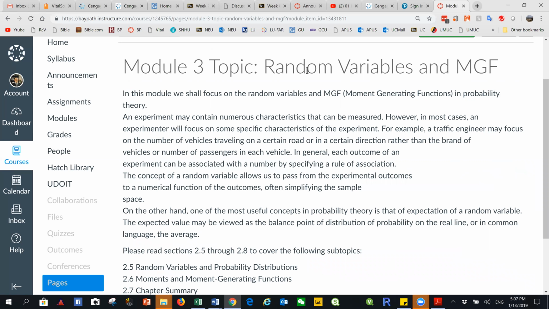Random variables are variables that can take on any number within a specific range according to certain probability, or randomly.